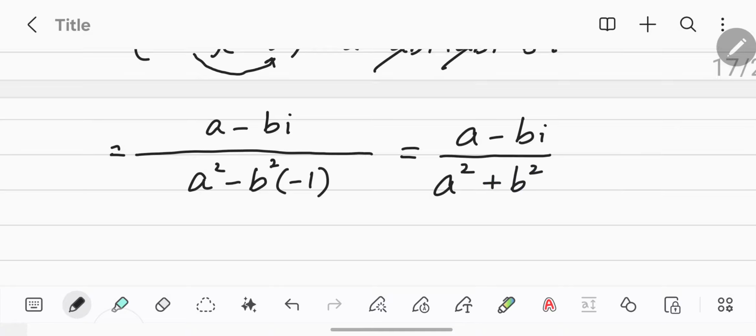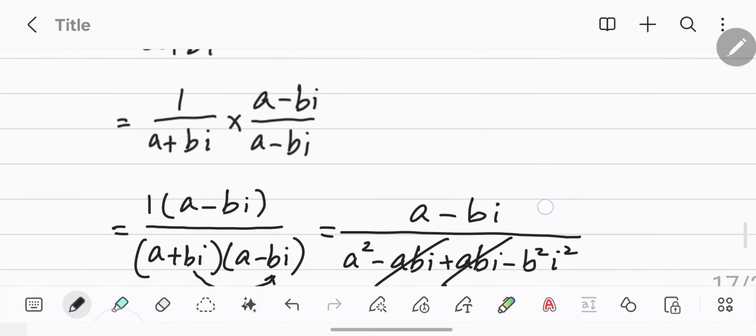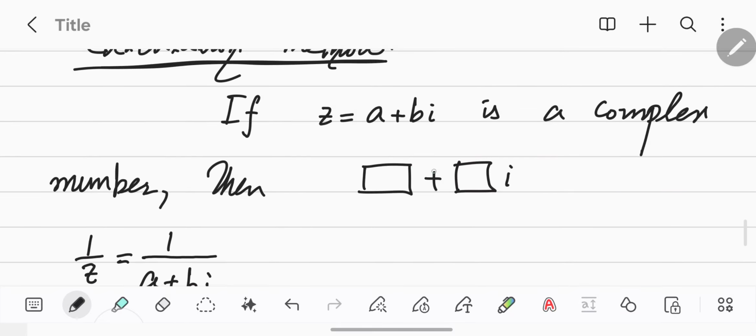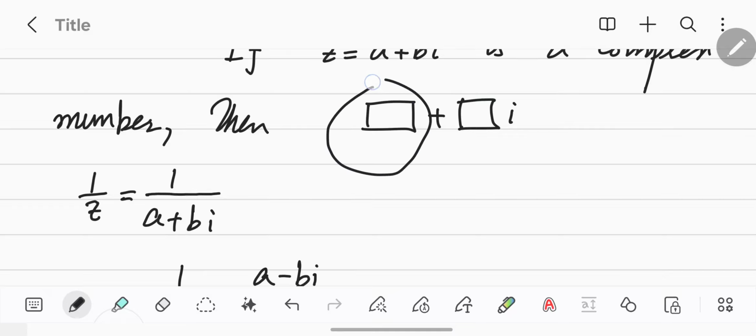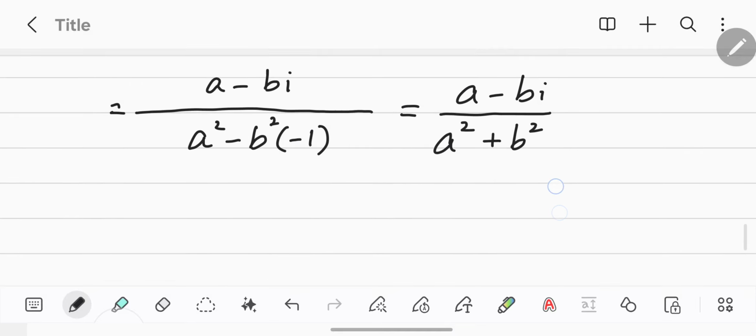Okay? Now we are very close to our aim. Our aim was to write the reciprocal in this form, the form in which you have a plus in the center, some real part on the left and some imaginary part on the right. So I can do that.